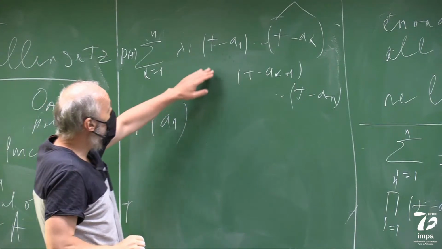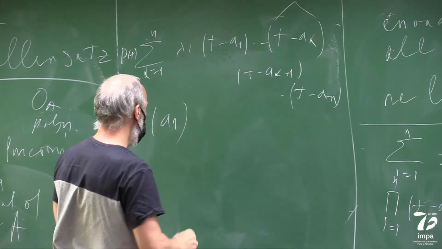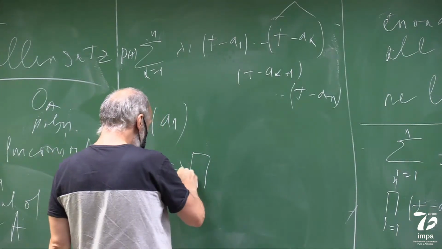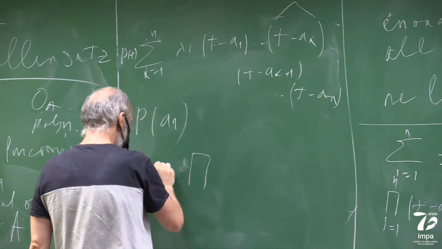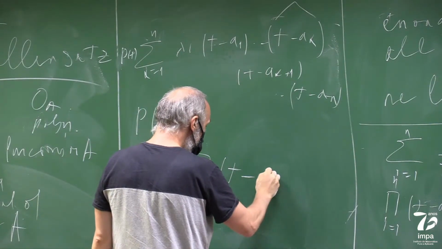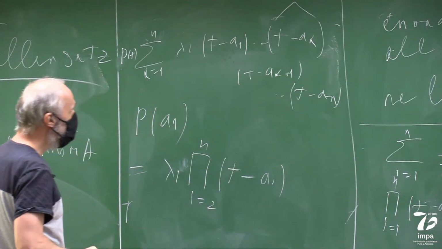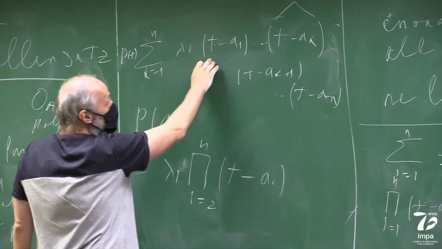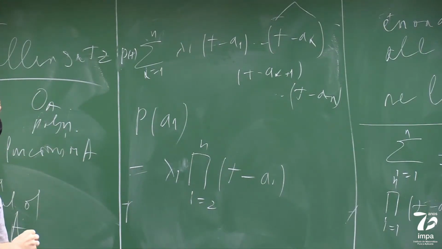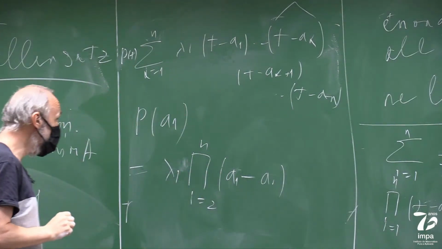And we notice that there's only one summand in the sum which doesn't have t minus a1. So it will be lambda 1 times a product of t minus a_i from i equal 2 to n. There's only one term where you exclude t minus a1, and here you have a1 instead of t, of course.